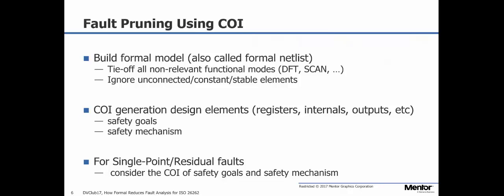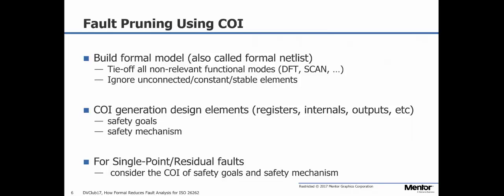Formal tools today have a utility to get the fan-in cone of any design element. You can specify a set of signals or a set of registers, and ask for the cone of influence of that.